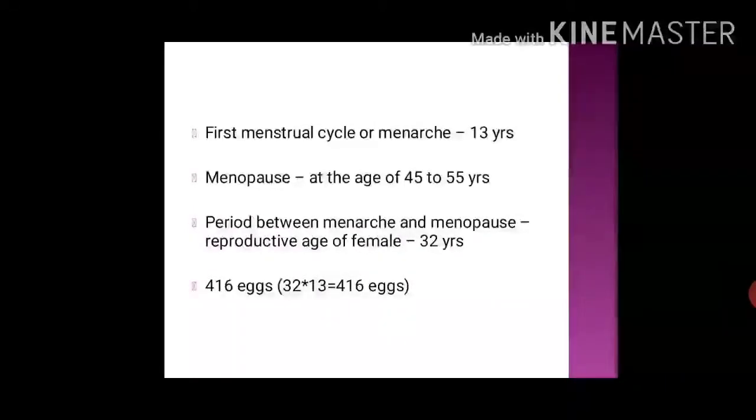The period between menarche and menopause is known as the reproductive age of the female. If you find the difference between menarche and menopause, there will be about 32 years. In this time the female will produce a maximum of about 416 eggs.